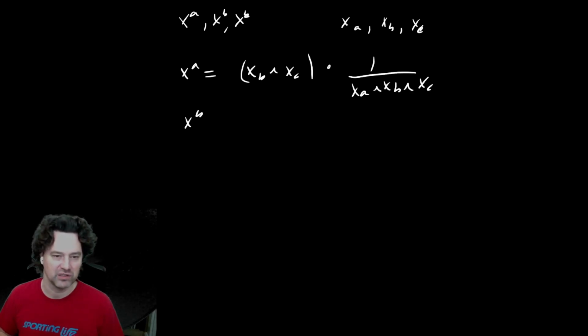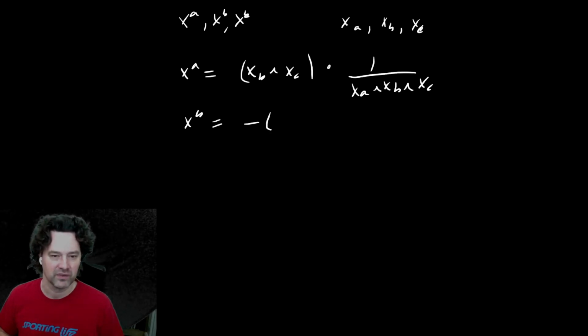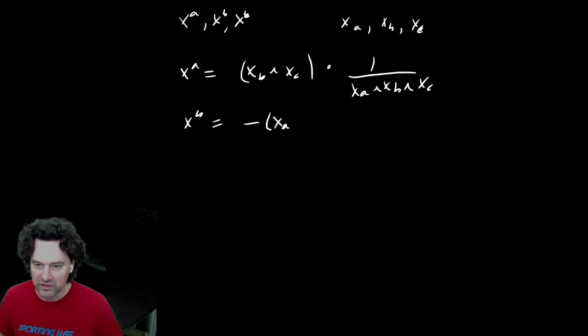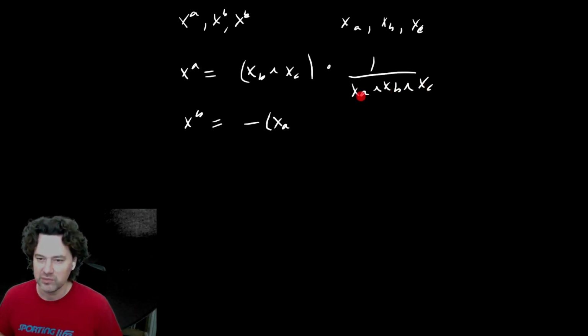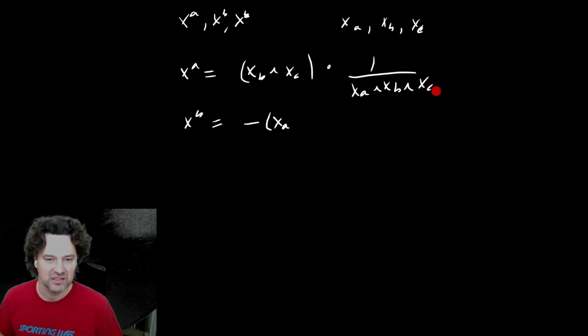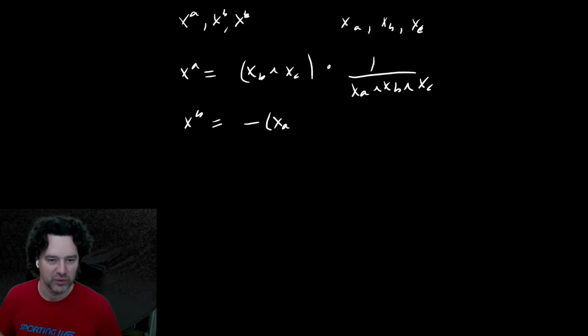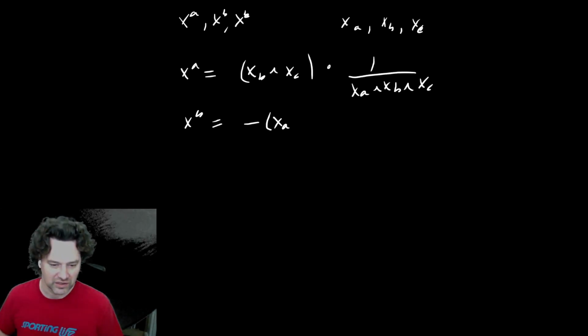And xb will have to be minus xa. I'm just taking all the ABCs, the xa, xb, xc's, and wedging them together. And our x upper A has all those terms except for the x lower b in this wedge product. We omit that, but we have to toggle signs every time we move down the row.